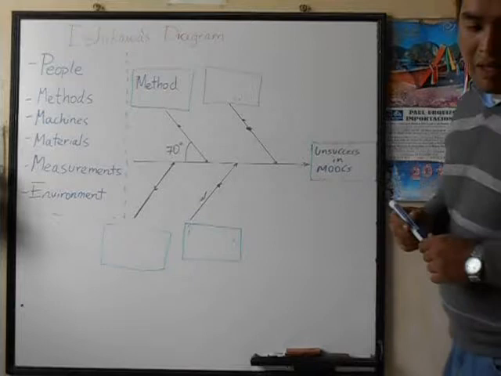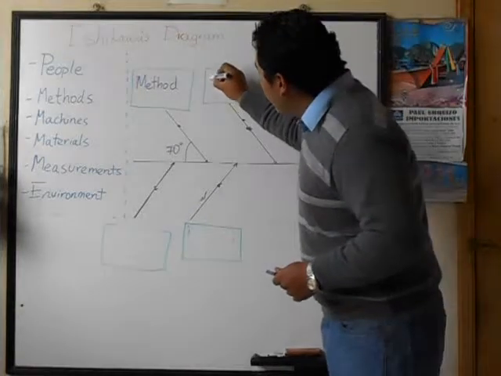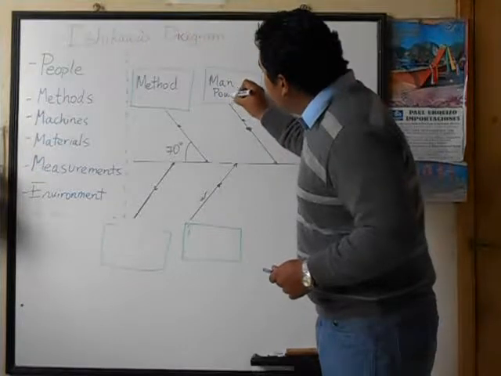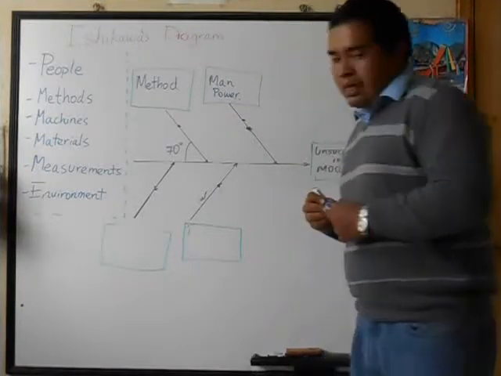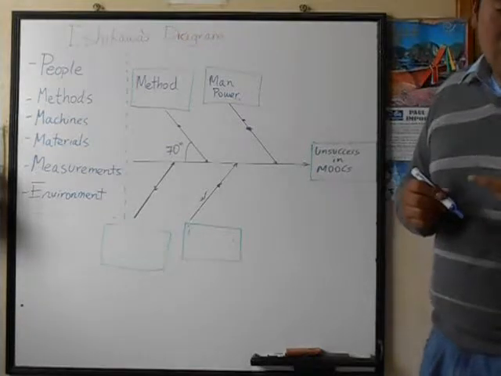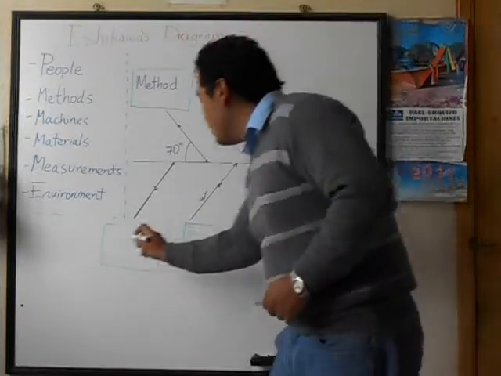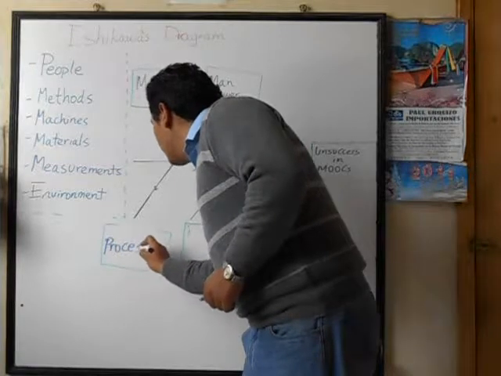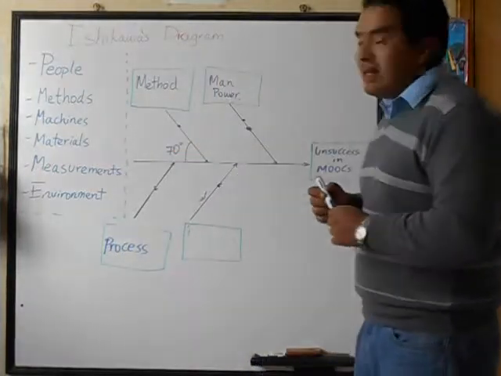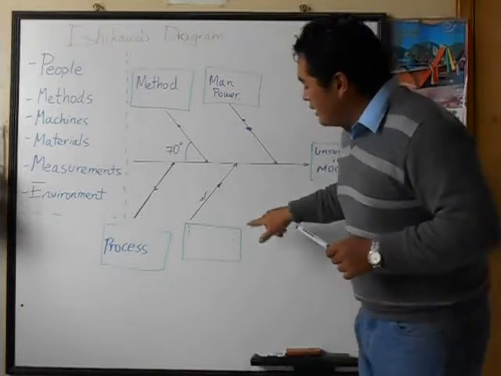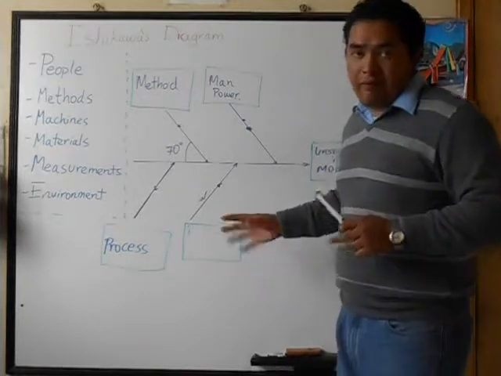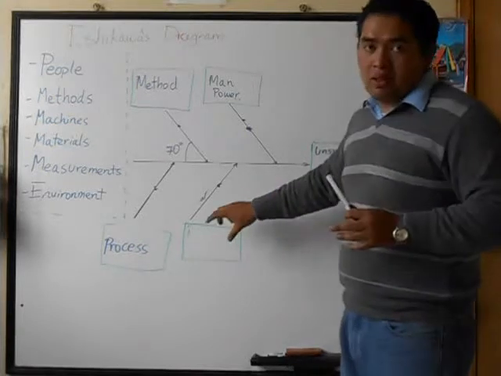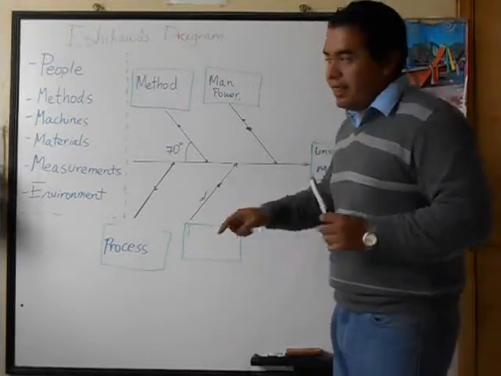Another main reason maybe should be the manpower or my will. And another reason should be the process I am following. And if you like, I will leave this block free for you to put your own subcause, your own cause, excuse me.